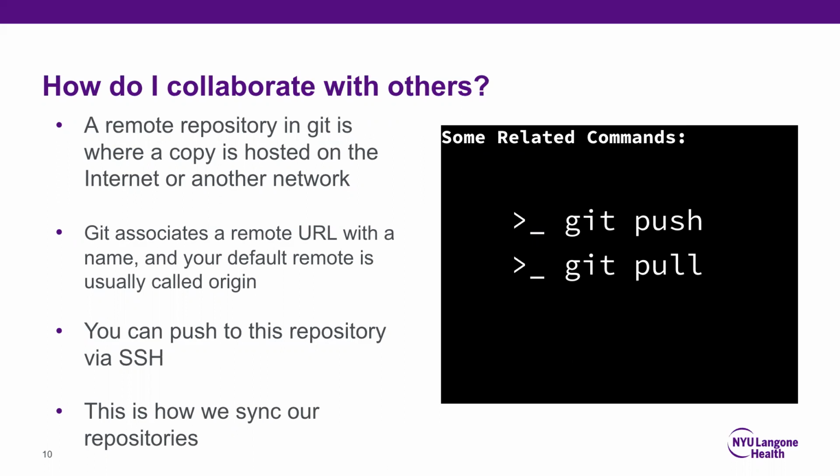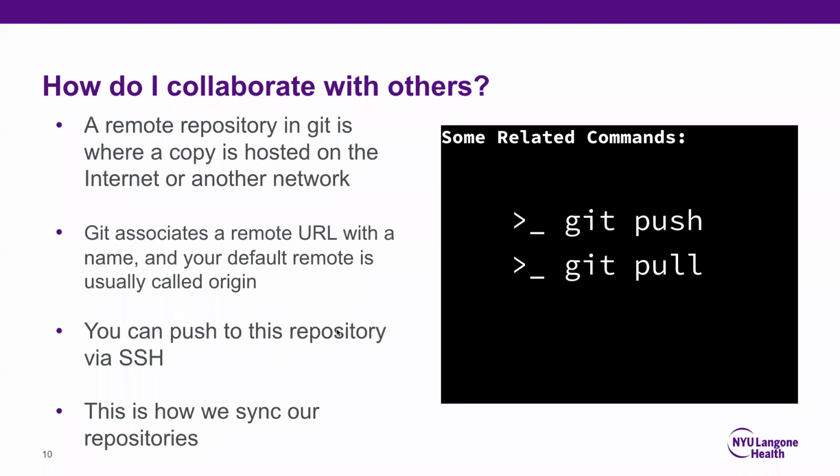Today we're going to be using GitHub as that server. You can also use GitLab, or you can also set up your own server if you are so inclined. Git associates a remote URL with a name, and your default remote is usually called origin. We will see the use of origin when we push our changes to GitHub today.